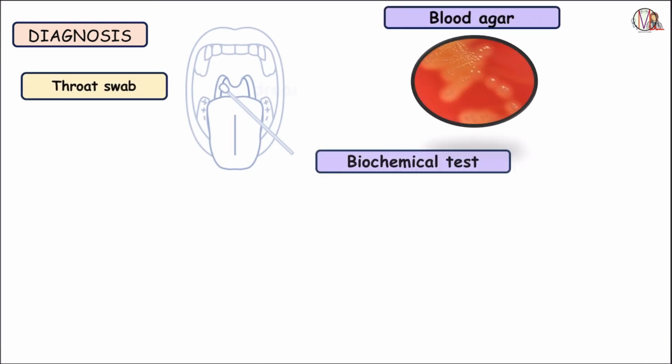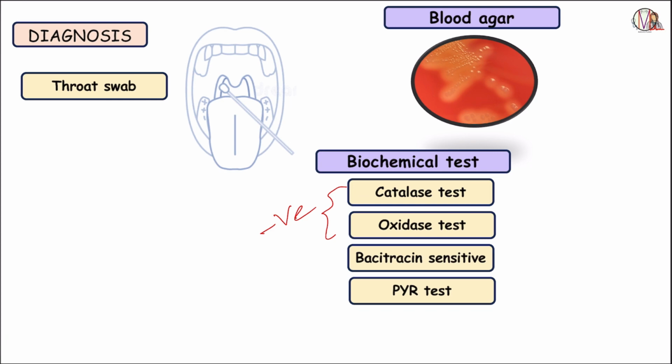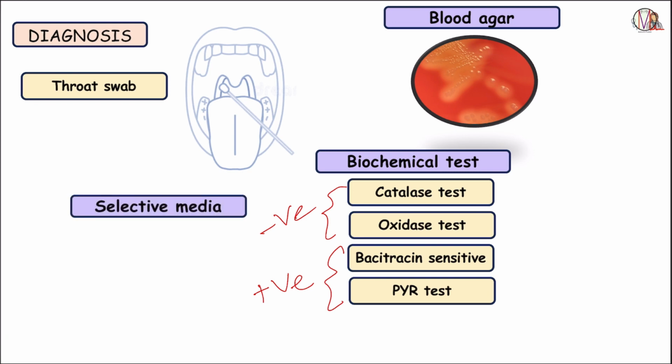Additional biochemical tests include the catalase and oxidase tests, which yield negative results. As previously mentioned, the positive results of the bacitracin and PYR tests aid in the identification. Selective media such as PNF containing antibiotics and liquid media exhibiting granular turbidity are also employed.